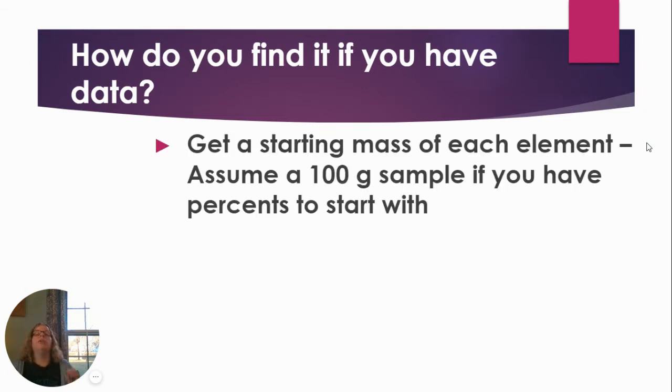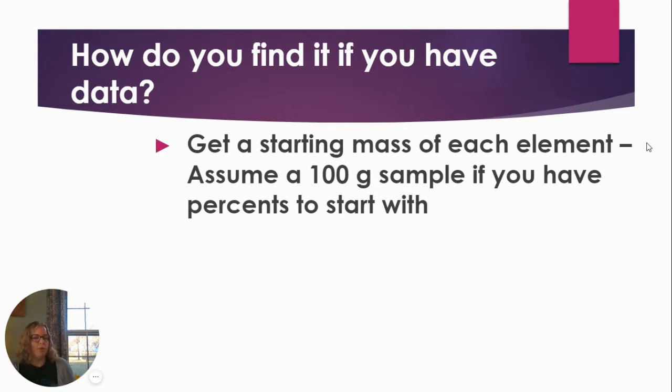Okay, so you need to start your problem off with a starting mass. If the problem gives you the mass already, you just go with that. If it gives you a percentage, you need to assume you have a 100-gram sample.